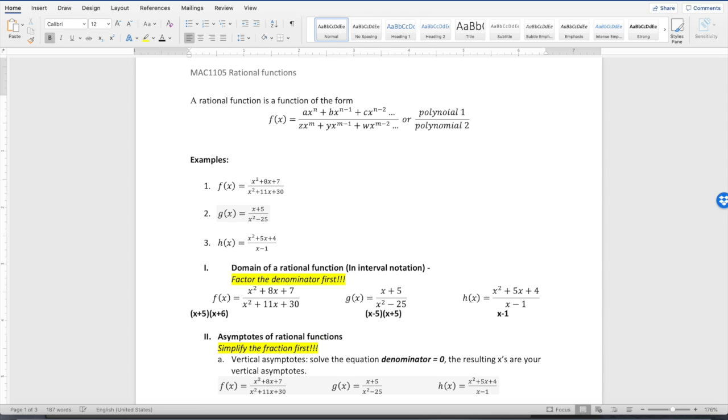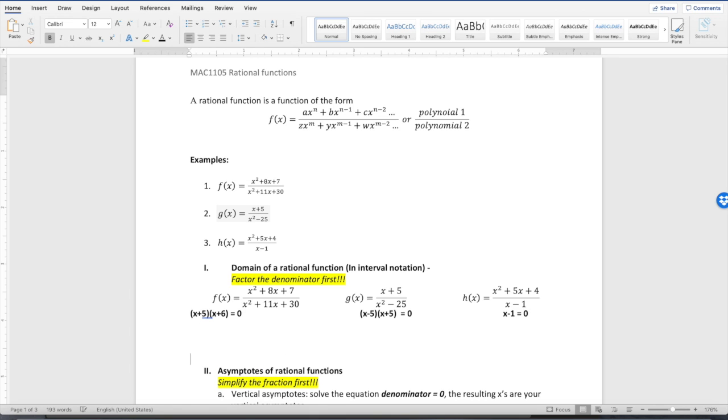Okay. So to find the domain, we're going to factor the denominators, which we did, and then we're going to set them equal to 0 and solve those equations for x. So we're going to set this one equal to 0, and then this one equal to 0, and also this one here equal to 0, and solve each one for x.